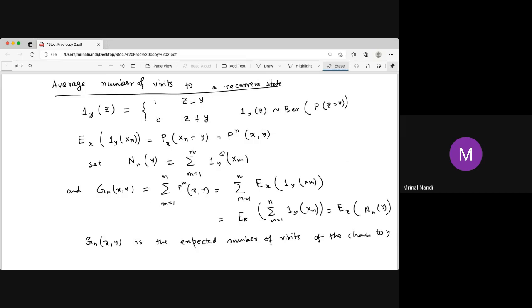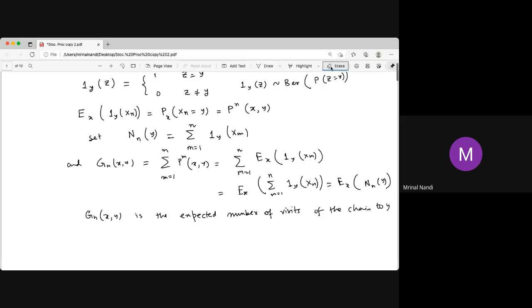Take n equal to 10 and say N_n(y) is 3. What is the meaning of that? Three ones and seven zeros. That means 3 times it visits y, and that is why it is the expected number of visits.